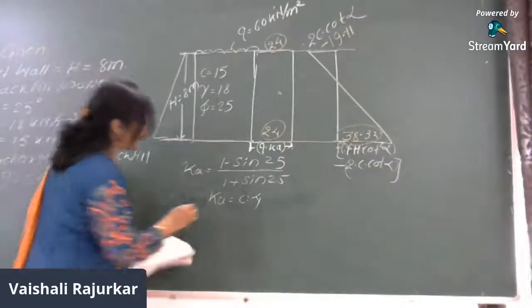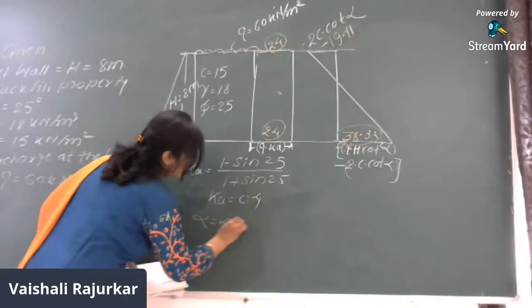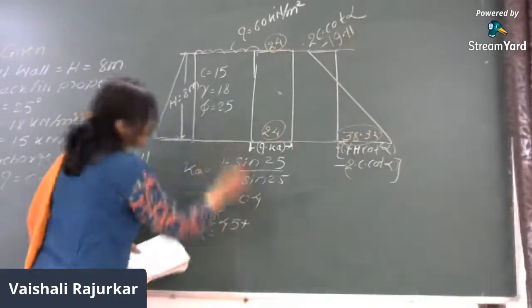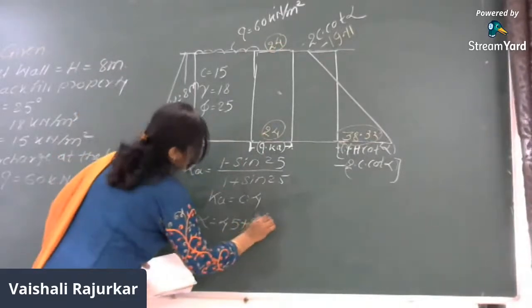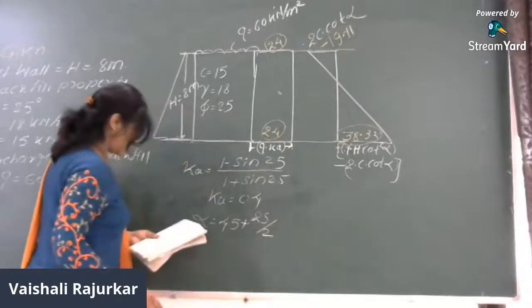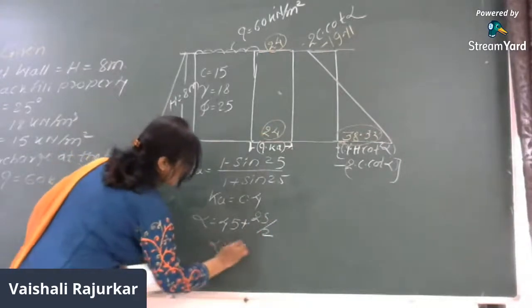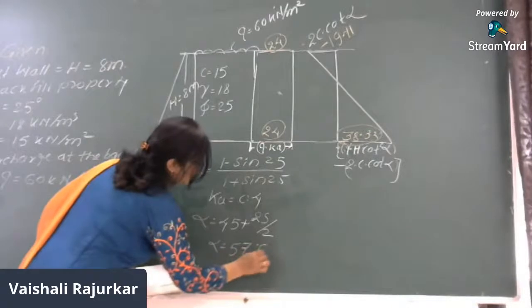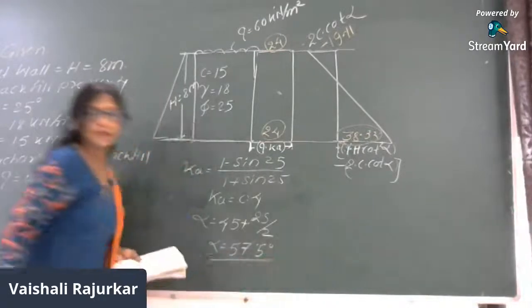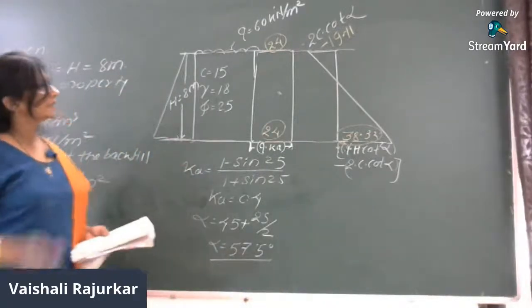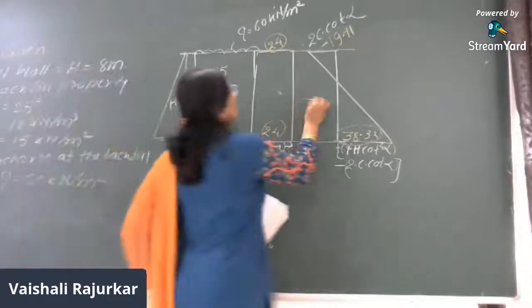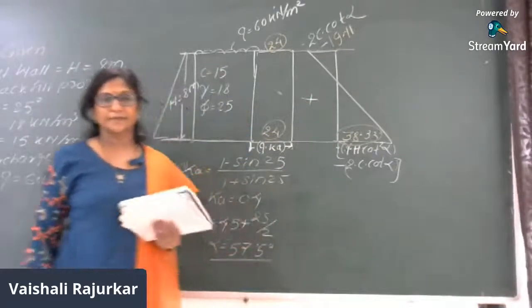What is cot square alpha? What is alpha? Alpha is 45 plus phi by 2. Phi is 25. So it will be 25 by 2 and it is found to be 57.5 degrees. Right? So in this case, we just add these two diagrams.